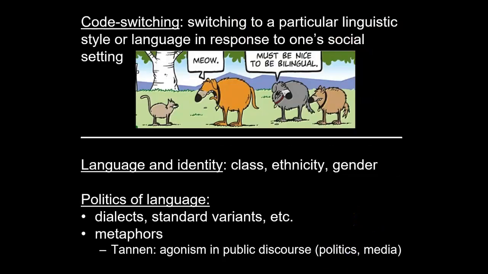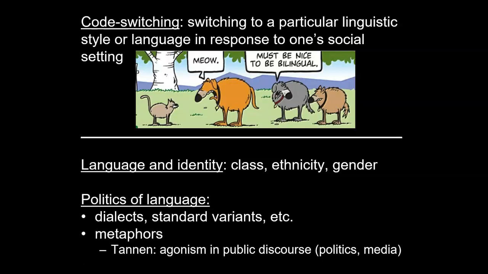Now, as I mentioned, anthropologists interested in language are interested in the ways that people use language. And there are a few really key ideas that have emerged from that, that I think are really important to this class and that I want to point out to you. These are all things that were mentioned in one form or another in your readings.